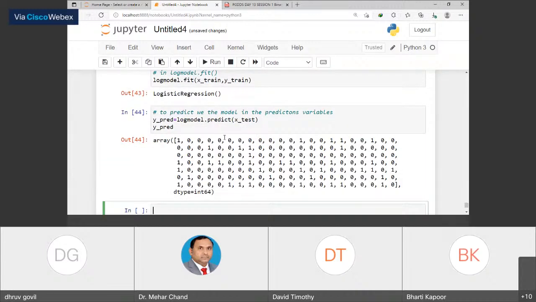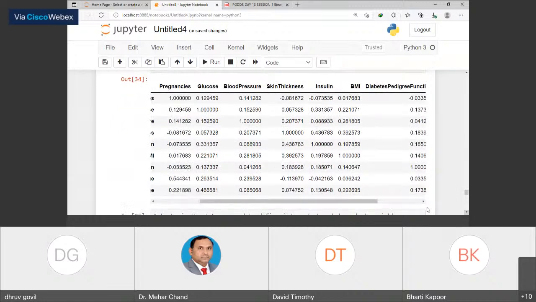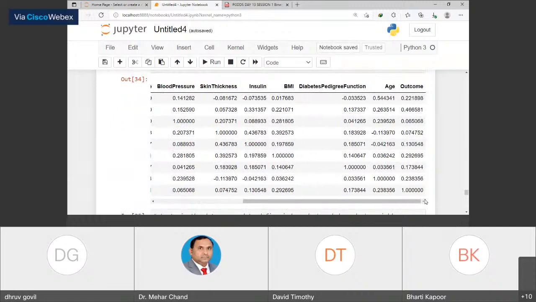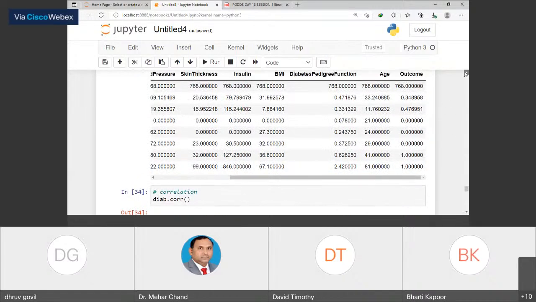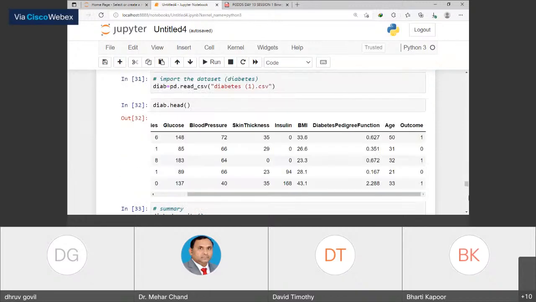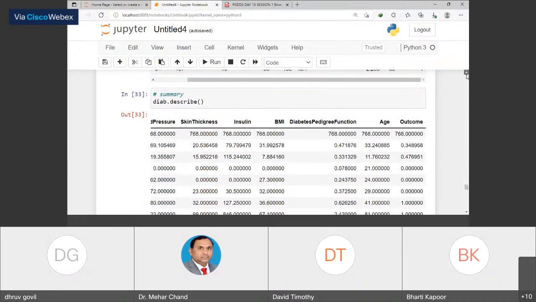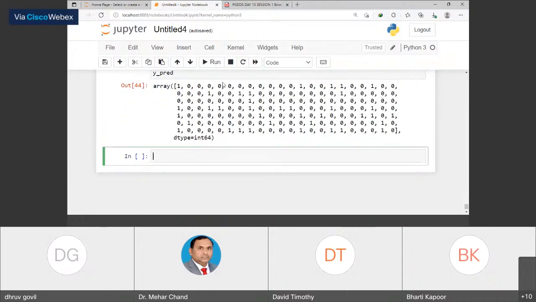Then see this, we got the probability. Now our main task is this. This is the output form. Now see the output. Now we can add this column. This is also the probability, 0 and 1, and we can observe it. Now we see the length of predictors.